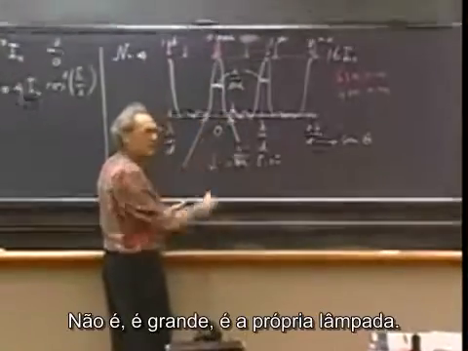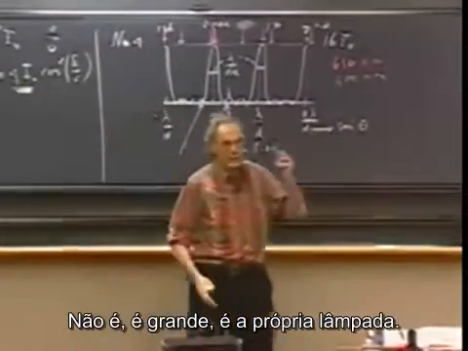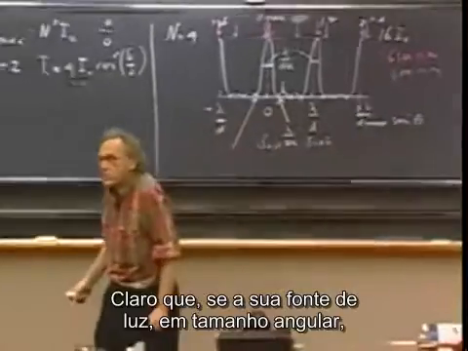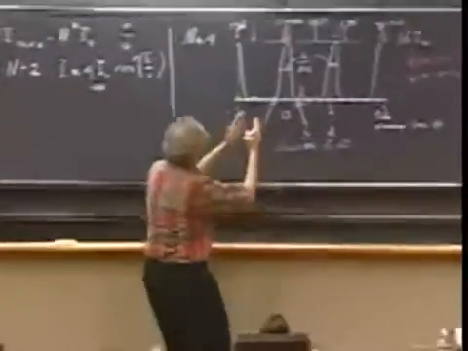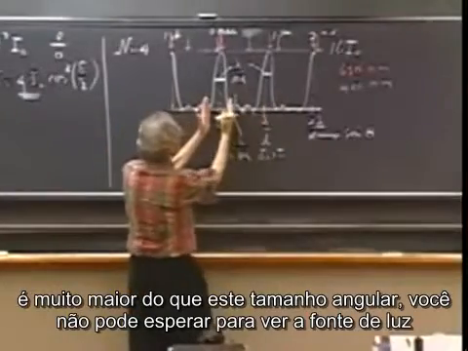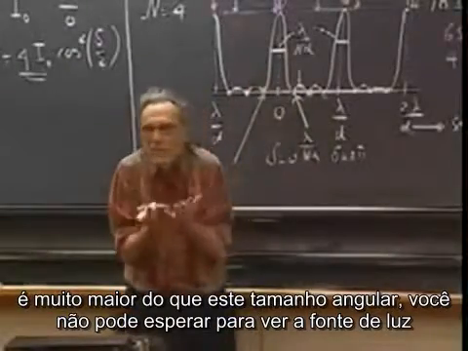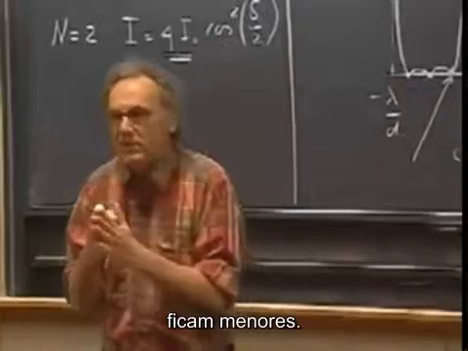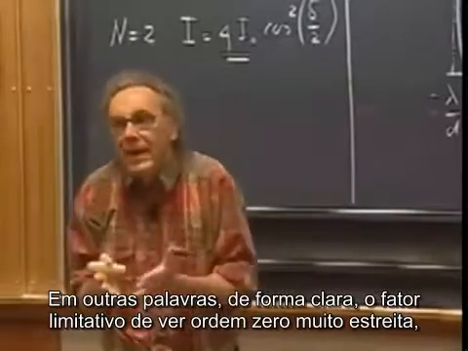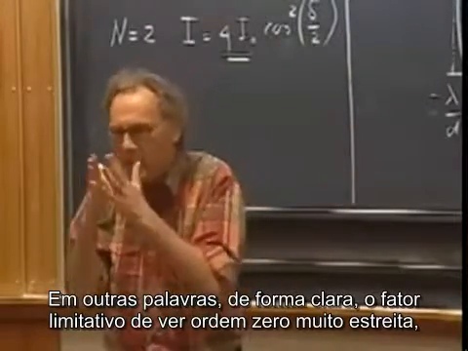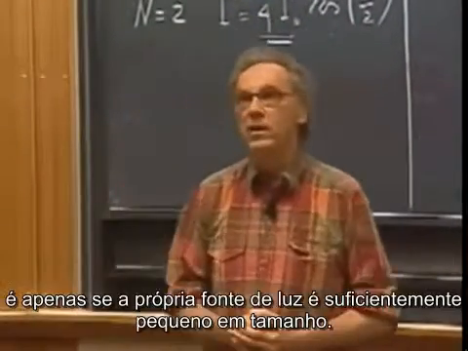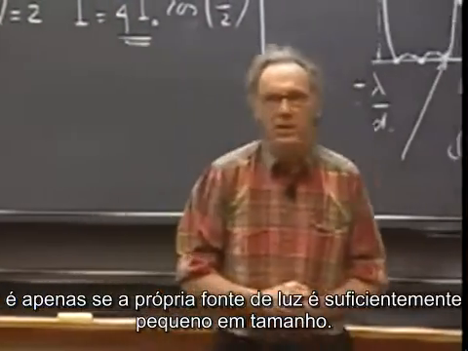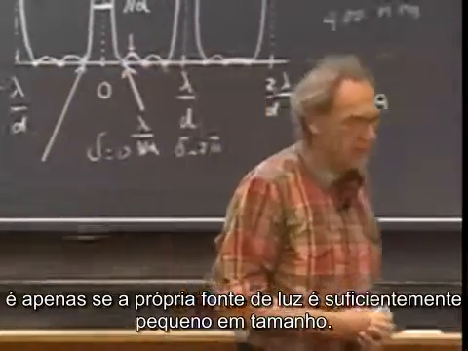It is not. It's big. It's the lamp itself. Of course, if your light source in angular size is way larger than this angular size, you cannot expect to see the light source get smaller. In other words, clearly the limiting factor of seeing 0 order very narrow is only if the light source itself is small enough in size.